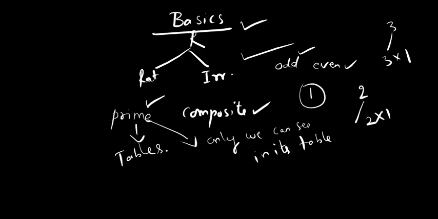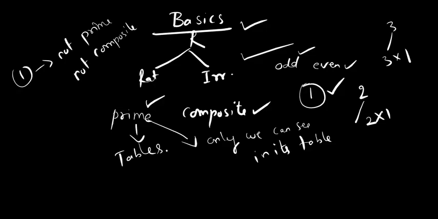Every number is seen in the 1 table. So 1 is not a prime number, not a composite number. 1 is neither prime nor composite. Okay. This is a disclaimer. Don't ask me like that. So one is not prime, not composite.